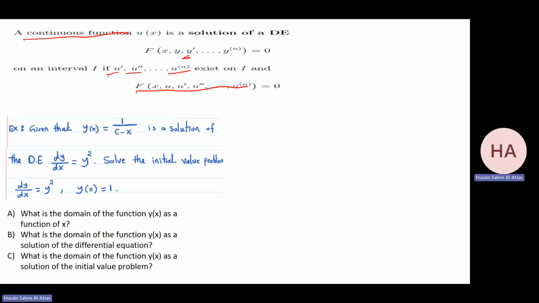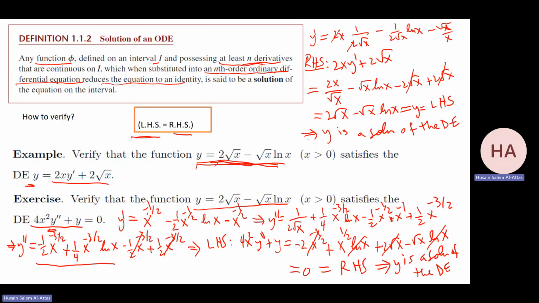equation. Now the other thing: if the equation has a condition, like this condition, then we call it an initial value problem. I have a first order differential equation with a condition. As you know, the solutions of this differential equation usually come with a constant.